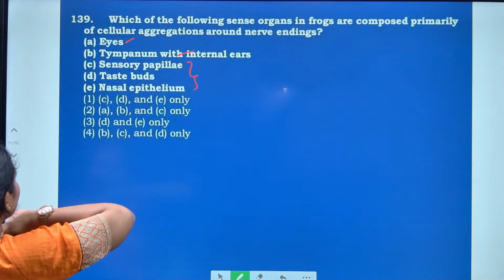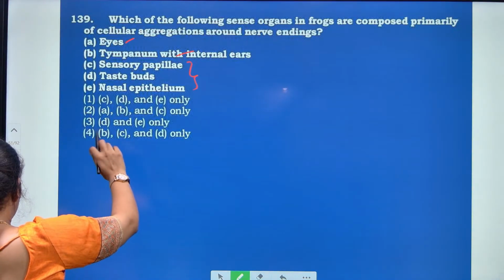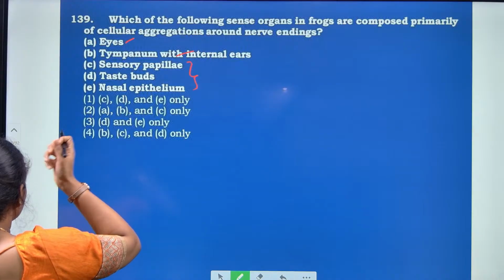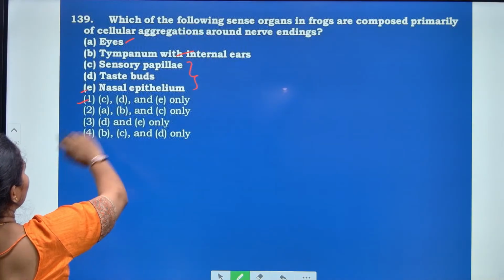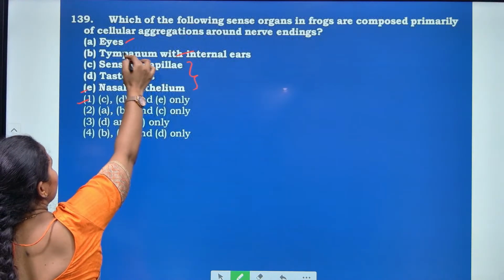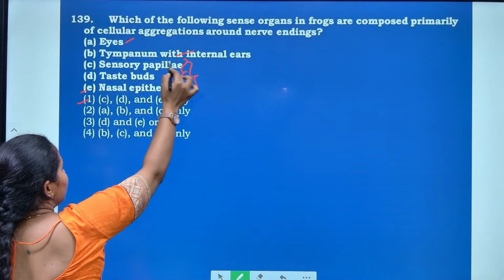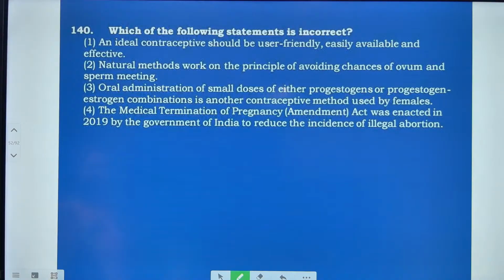So the option is option 1: C, D and E only, that is the nasal epithelium, sensory papillae and taste buds. They are the cellular organs, and the remaining three are the specialized organs.